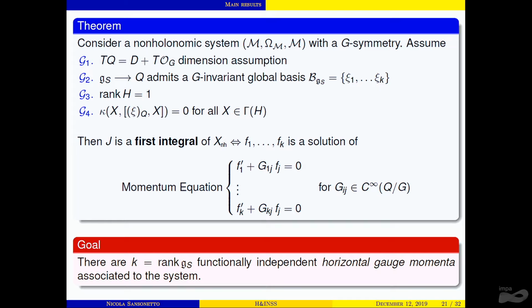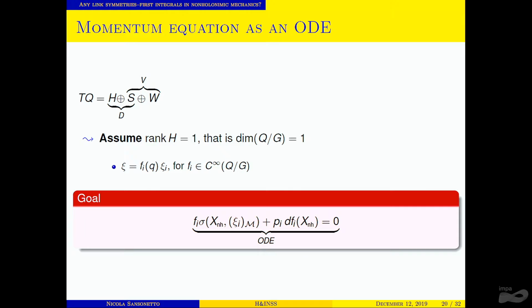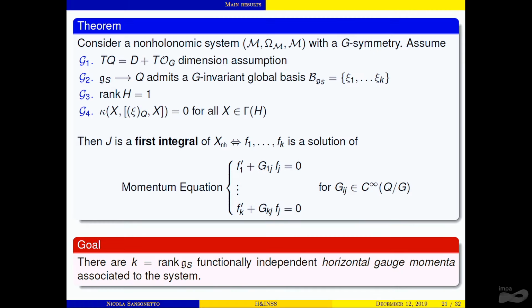the functions that are used to define the infinitesimal generator are solutions of the momentum equation. This is the momentum equation written in coordinates. Okay? And these objects are functions on the shape space.